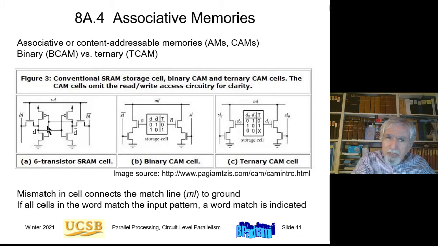So we see whether a 0 or a 1 is stored here, and in different bit positions we read those bits, and that's what gives us a word out of the memory.